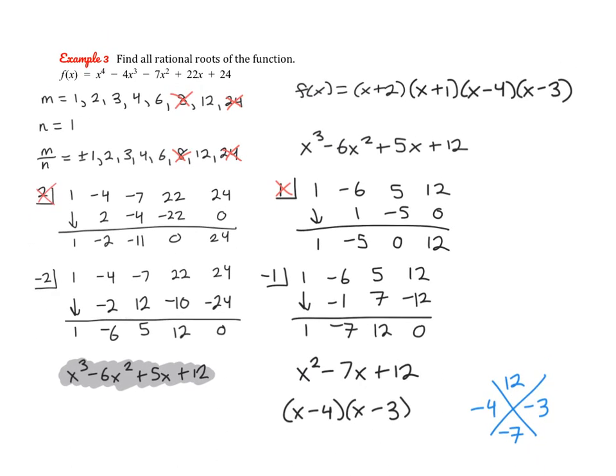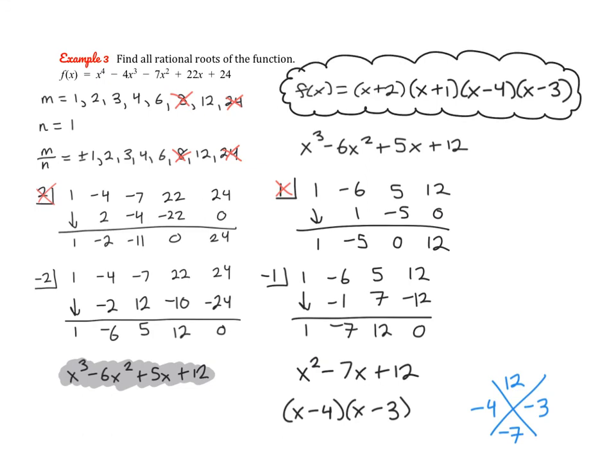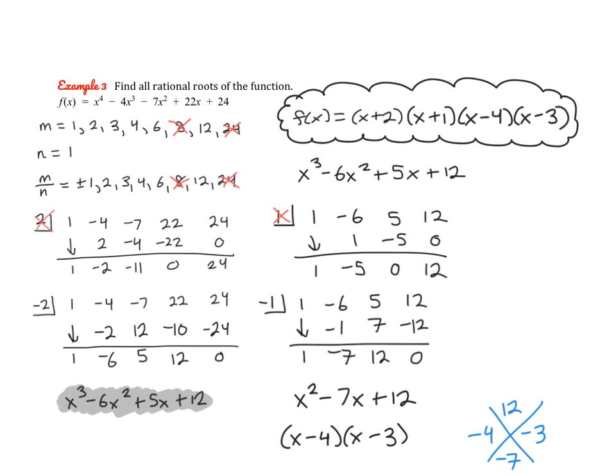And then remember, if these are our factors, then that means that our zeros, let me zoom out just a little bit more, would be x equals -2, -1, +4, and +3. So remember, the zeros are always opposite of what you see in the factors.